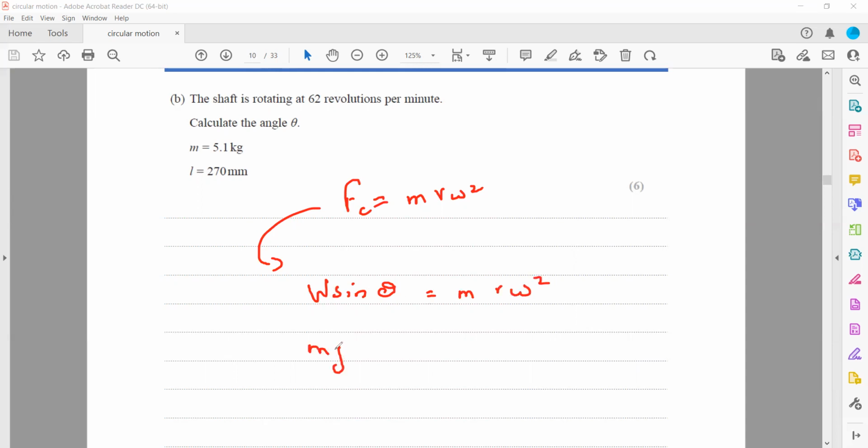So I can say mg sine theta is equal to mr omega squared.